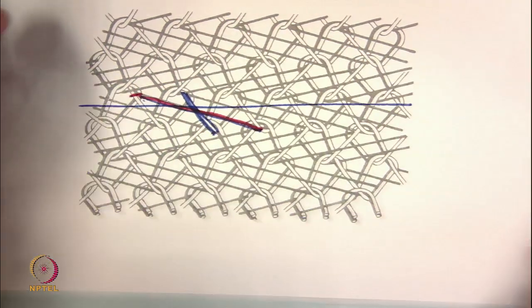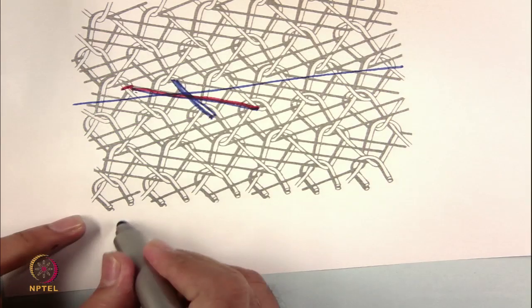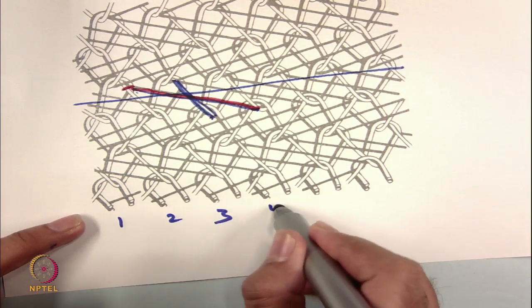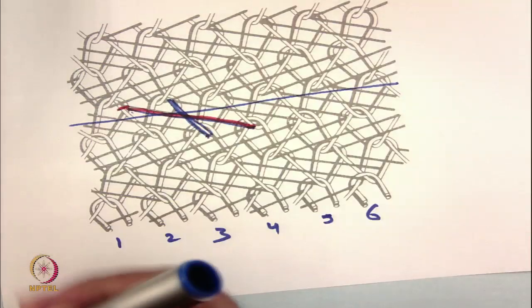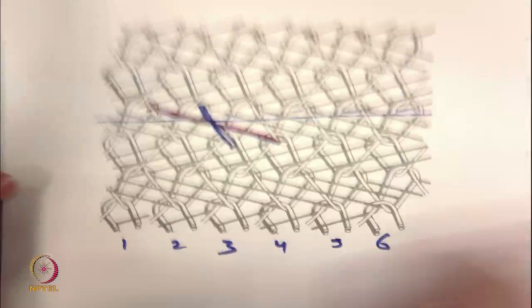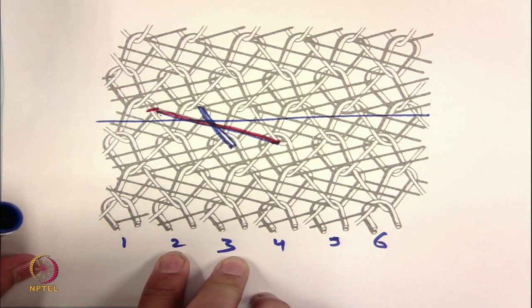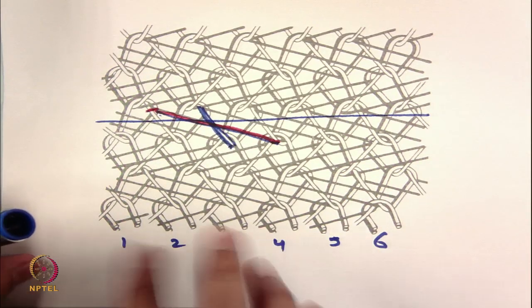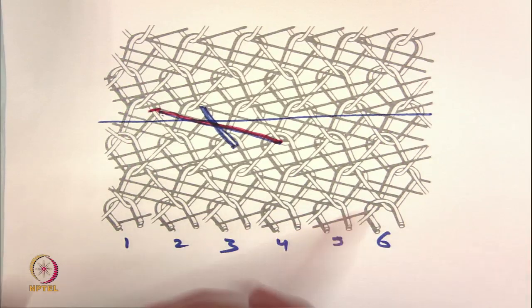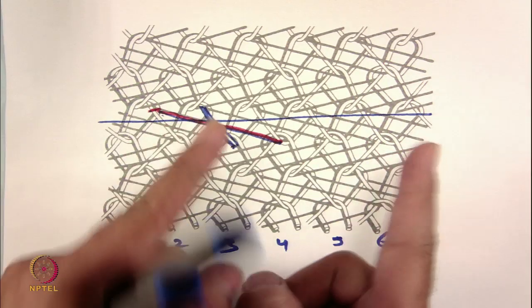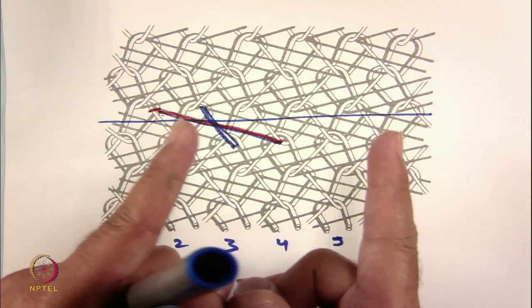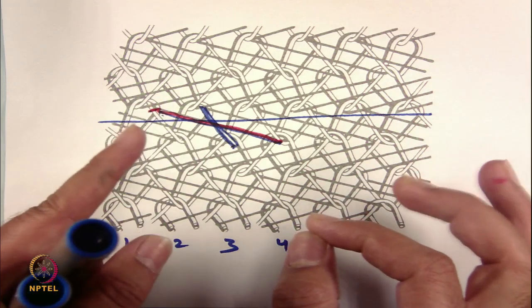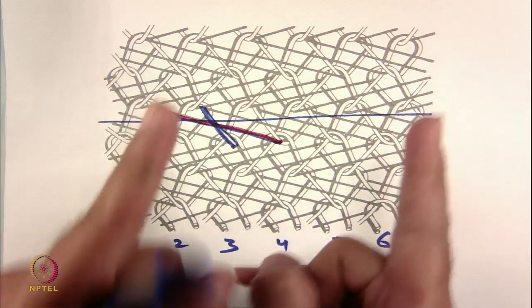This is first column, second column, third column, fourth column, fifth column and sixth column. It depends on your understanding. So, since I followed this second and third column, the guide bar is shifting between two alternating columns. So, each guide which is providing the white yarn is shifting between two alternating needles.